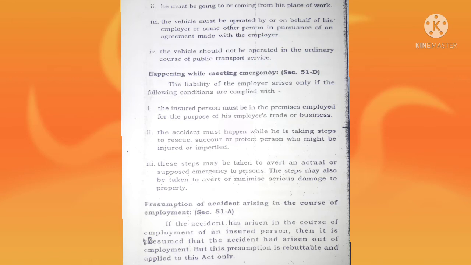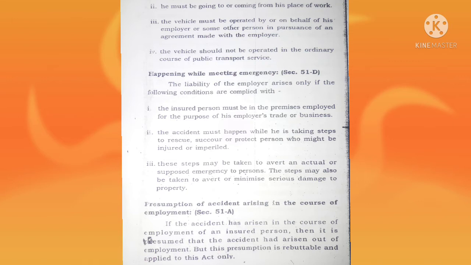So, happening while meeting emergency, section 51D. Let us discuss here. Friends, the liability of that employer arises only if the following conditions are complied with. The insured person must be in the premises employed for the purpose of his employer's trade or business.